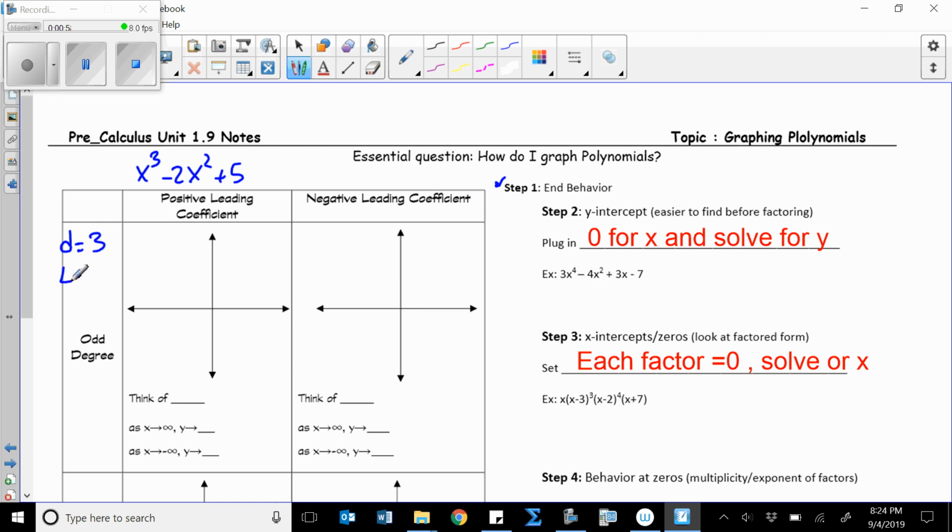And then we need to find the leading coefficient, which in this case is 1. So 1 is the leading coefficient. Then look at this table. It says if your degree is odd and the leading coefficient is positive, then you're here.